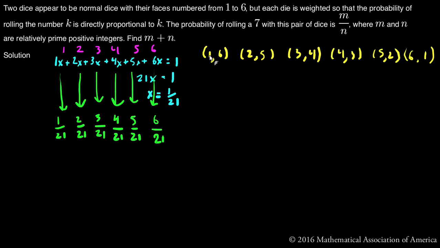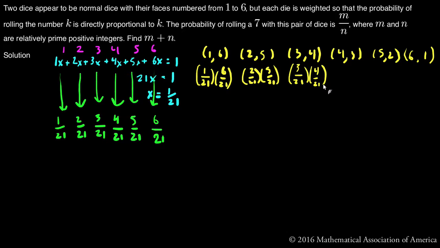And the probability for getting a 1 and a 6 is 1 out of 21 times 6 out of 21. The probability of getting a 2 and a 5 is 2 out of 21 times 5 out of 21. Probability of getting a 3 and a 4 is going to be 3 out of 21 times 4 out of 21.